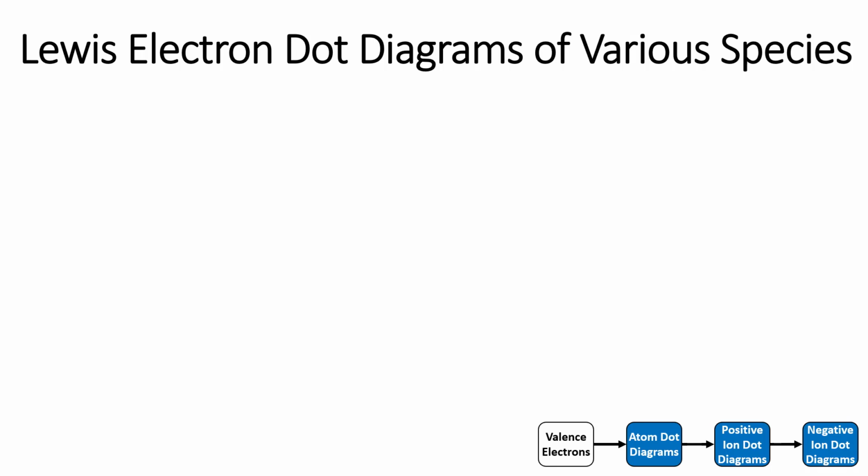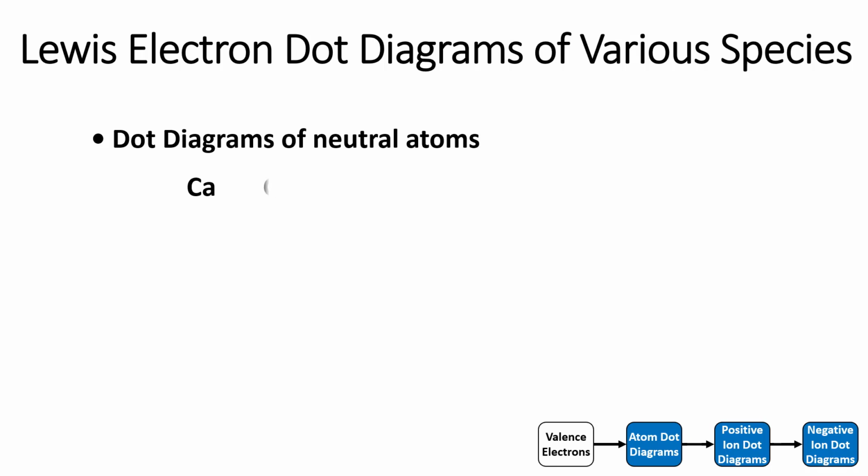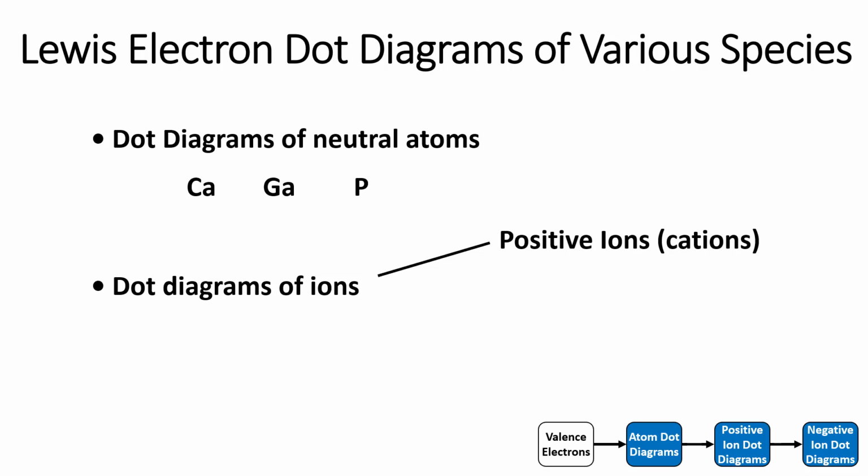And we're going to talk about 3 different types of electron dot diagrams. The first is the electron dot diagrams of neutral atoms, such as calcium, gallium, and phosphorus. And then we're going to do the electron dot diagrams of ions. And that would include positive ions, which are cations, such as calcium and rubidium.